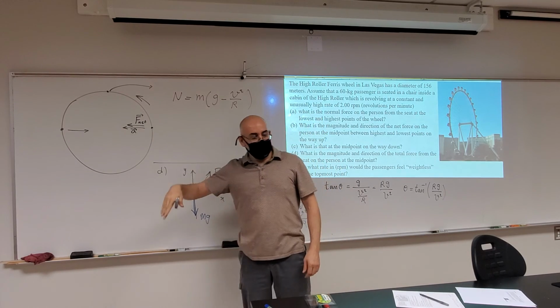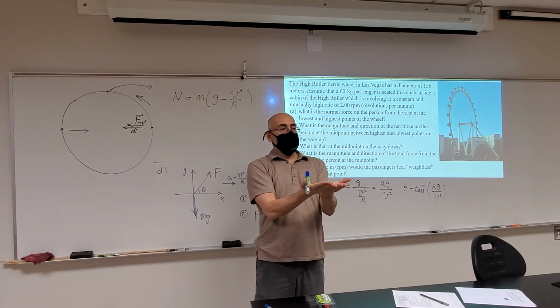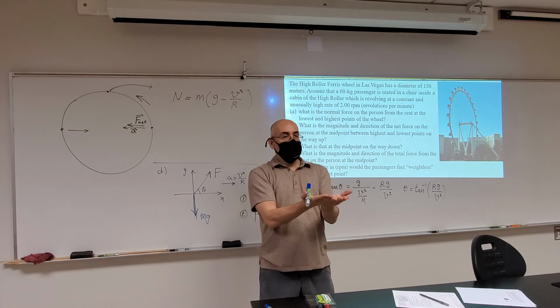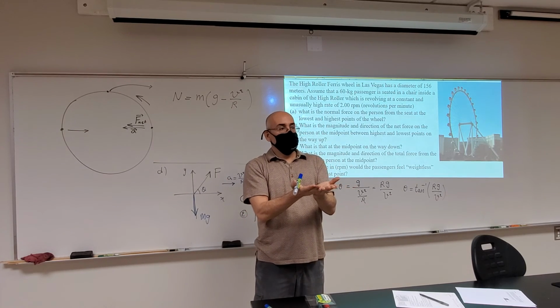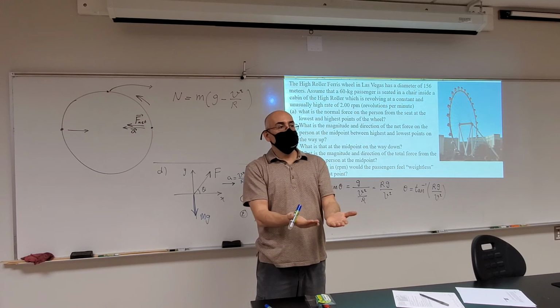If you are in an elevator accelerating upward, you feel the normal force is larger than your weight, meaning you're feeling heavier. If you put a scale under you, you measure higher than your weight.